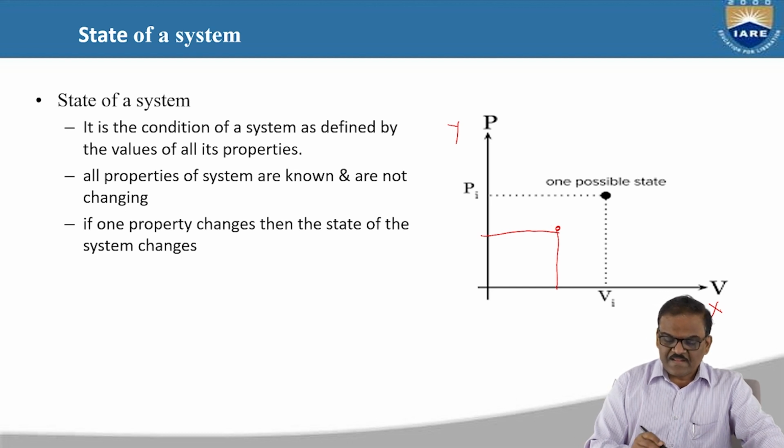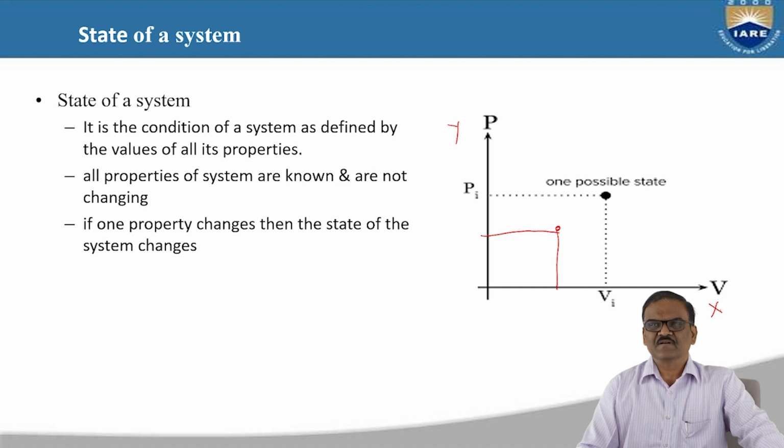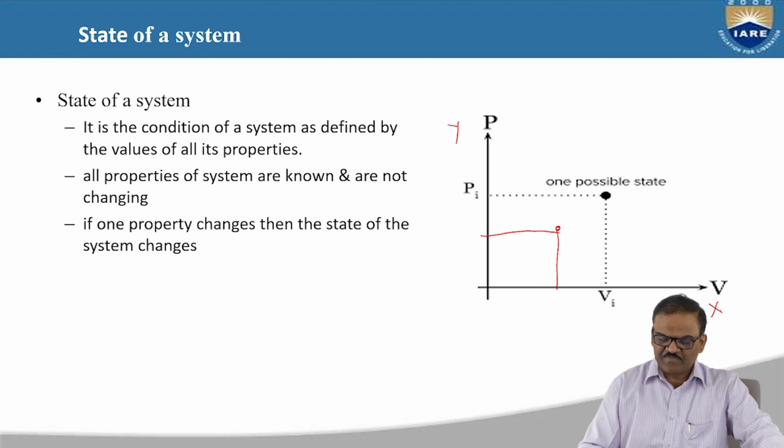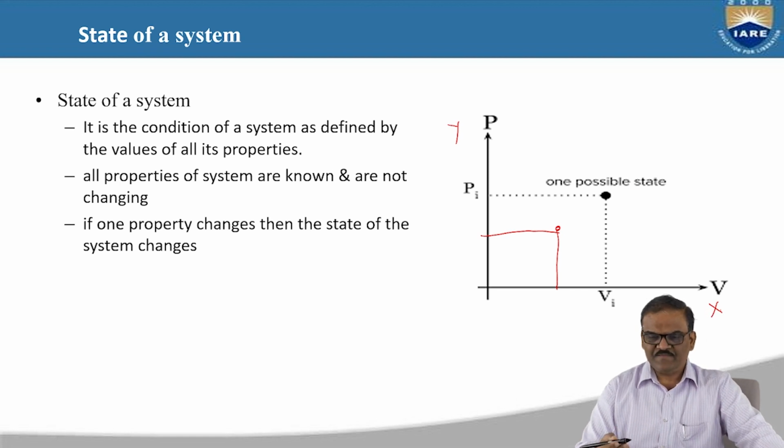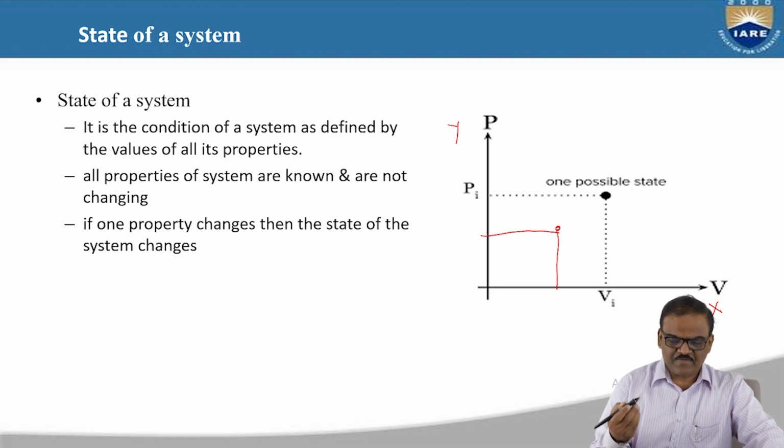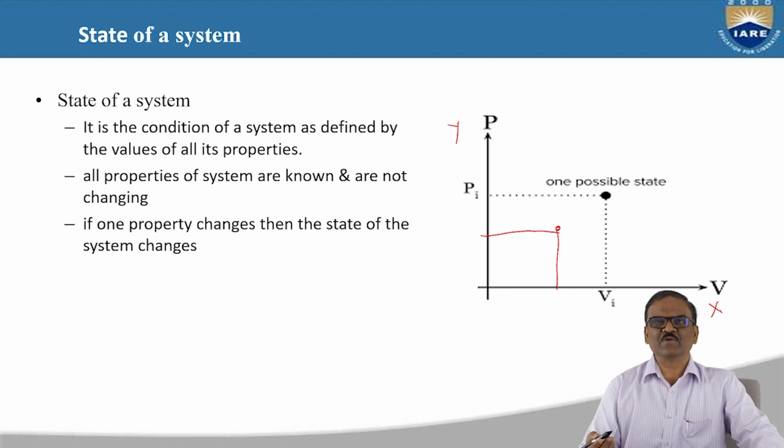Similarly, in any thermodynamic system, to specify the state of the system you should be able to specify the particular volume and pressure. Instead of Cartesian coordinates, we can call them thermodynamic coordinates.